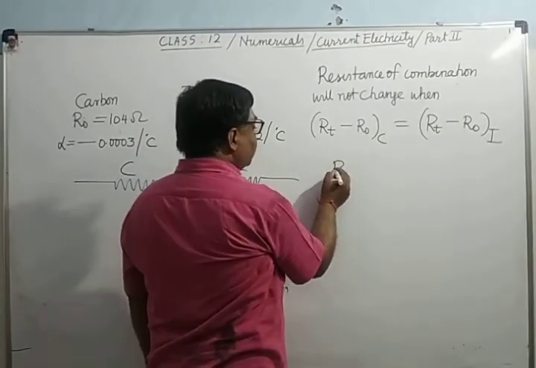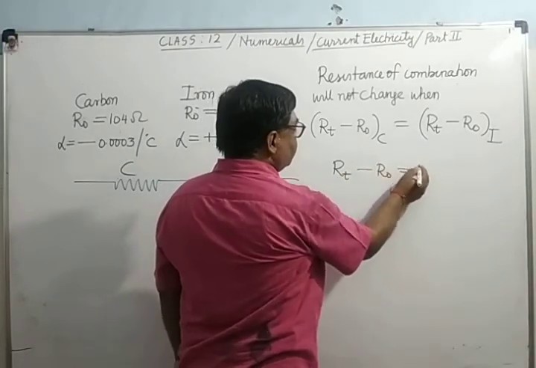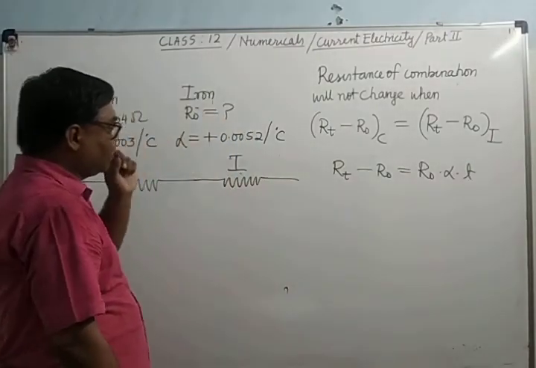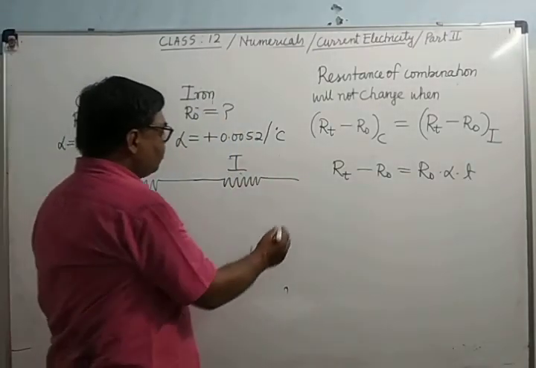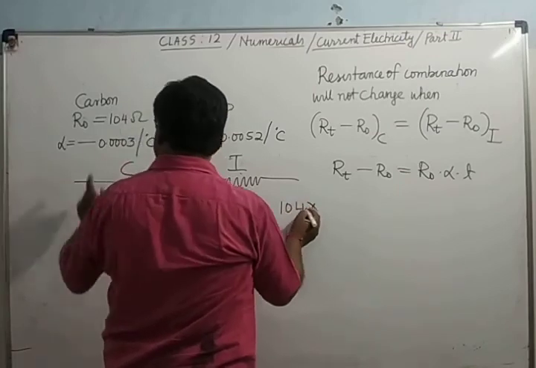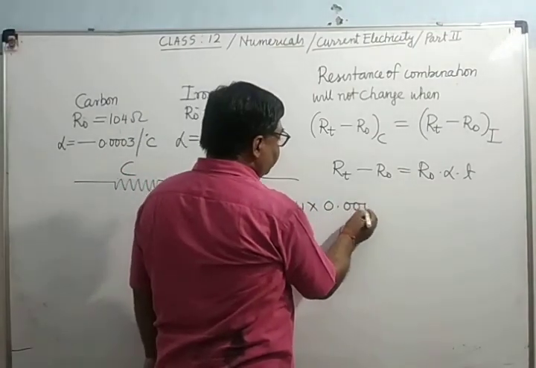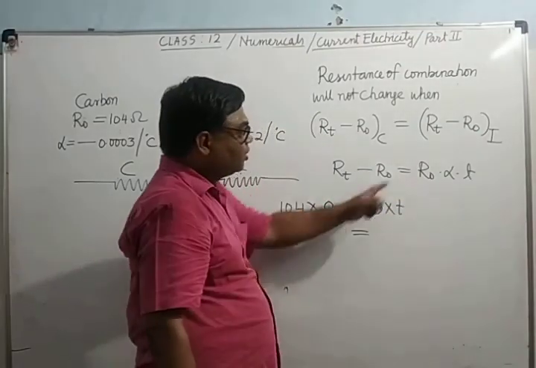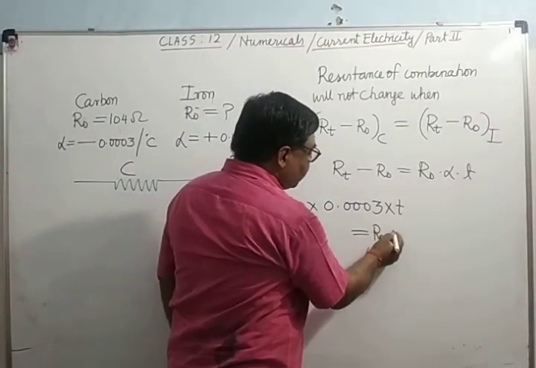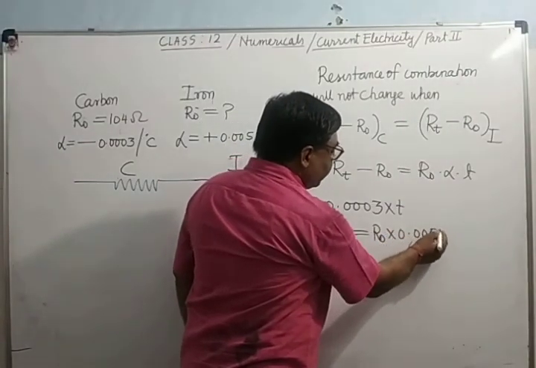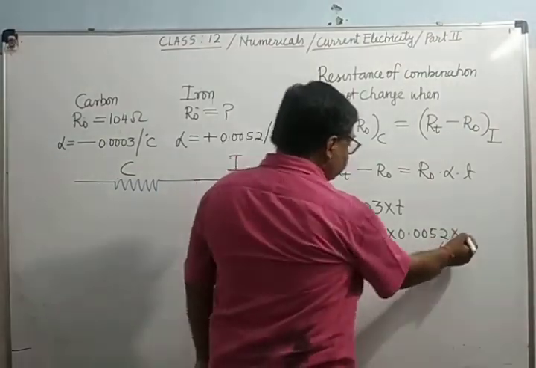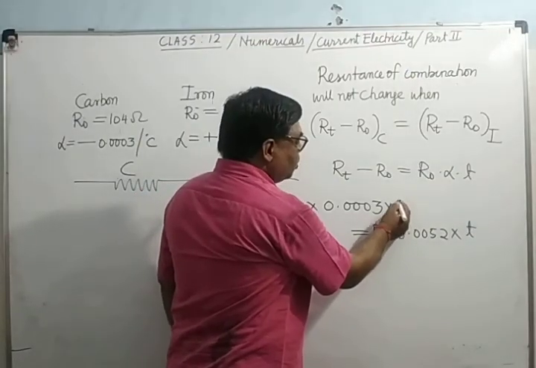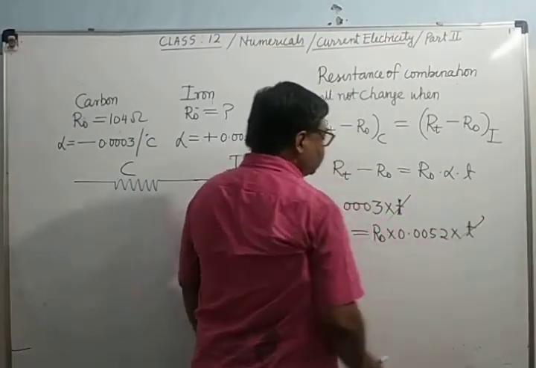Now we know that RT minus R naught is equal to R naught into alpha into T. For carbon, R naught is 104, alpha we take only the value, the plus or minus sign not required, into T. Here for iron you have to determine R naught, into 0.0052 into T. So T will cancel out on both sides.